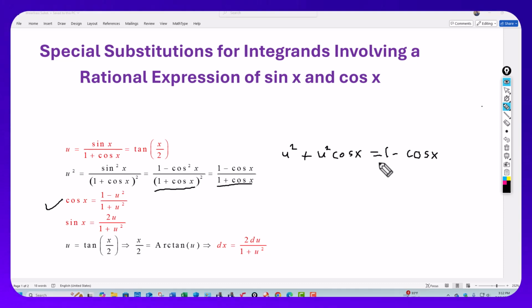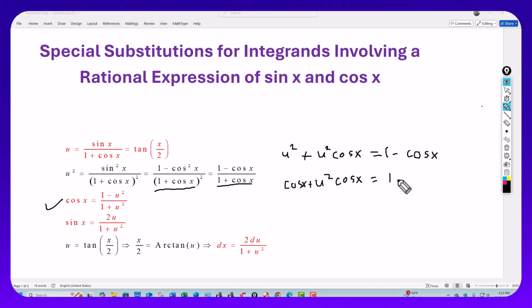And then we solve for cosine. So let's get the cosines on one side. We get u squared cosine of x is equal to 1 stays over here, and the cosine comes over from the right side. Get a plus here.